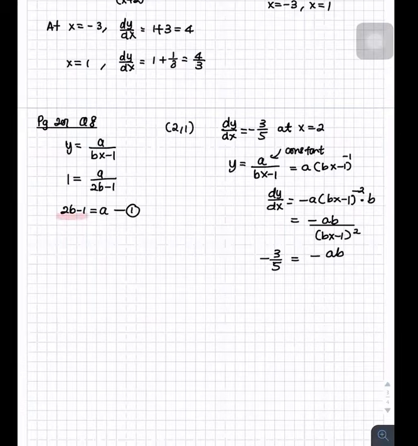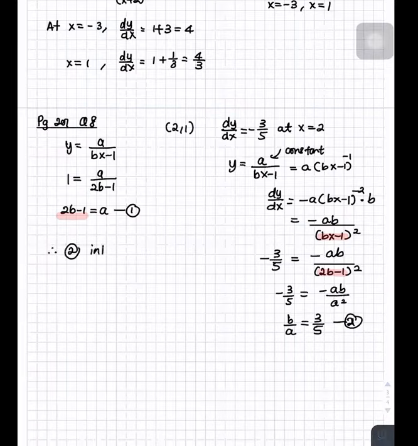The 2b minus 1, and here when I substitute, it's exactly the same. I just replace it with a. Replace.